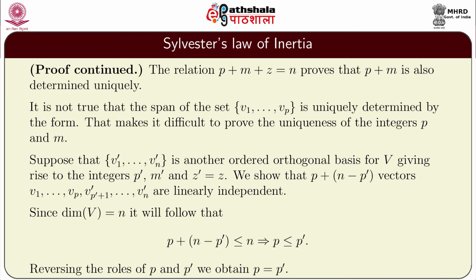Now, our aim is to show that these vectors V1, V2 and so on up to Vp and then v dash p dash plus 1 and so on up to v dash n are linearly independent.